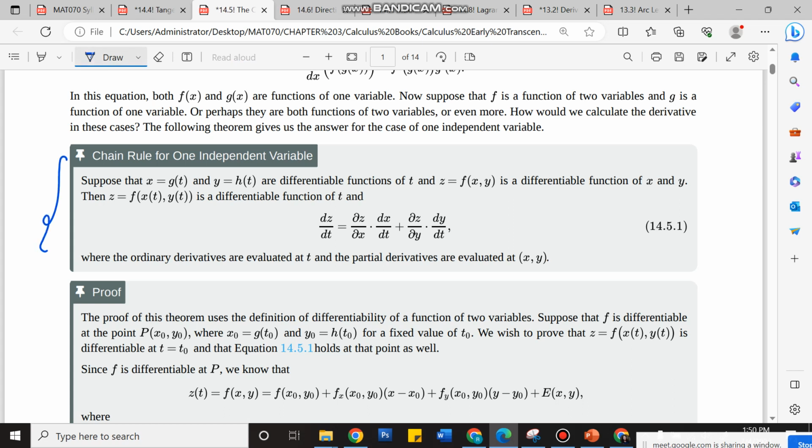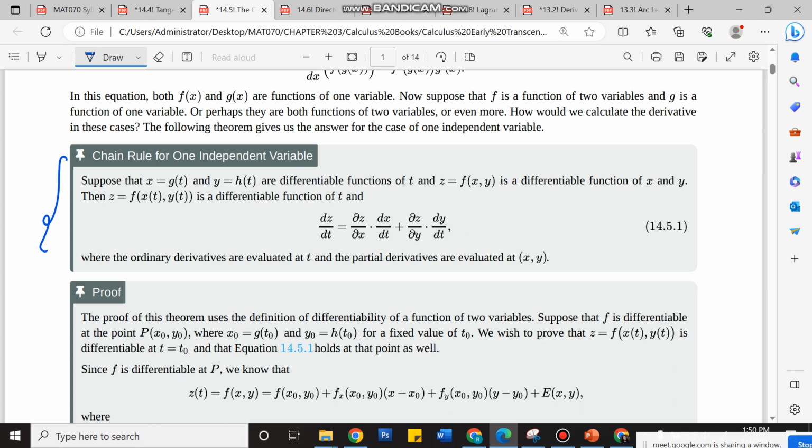Now, suppose we have x that is equal to g of t and y is h of t. Both x and y are differentiable functions of t, and z itself, a function f of x, y, is differentiable.